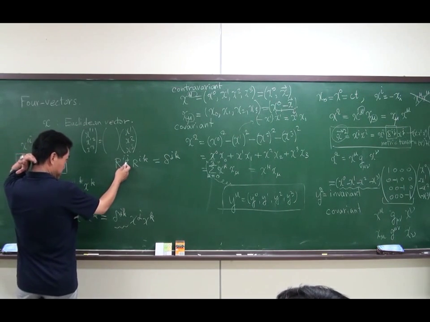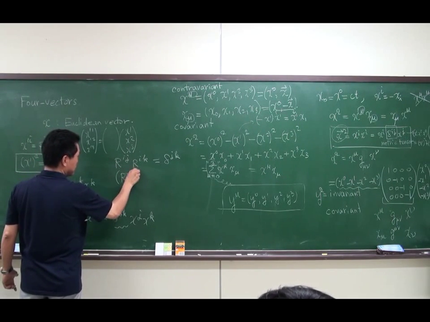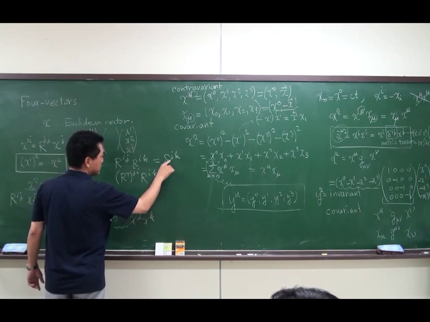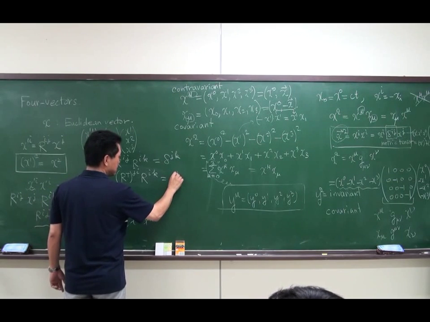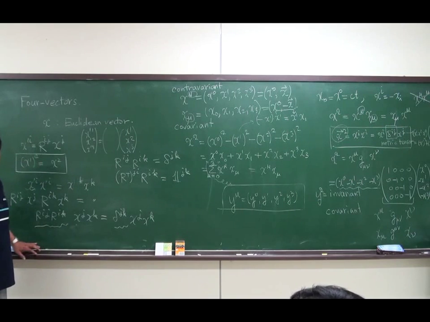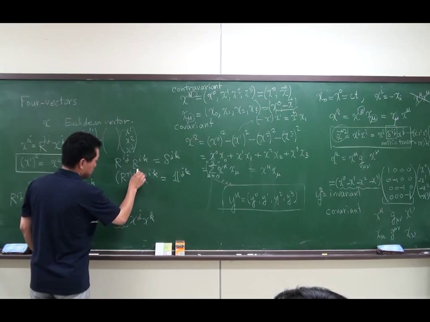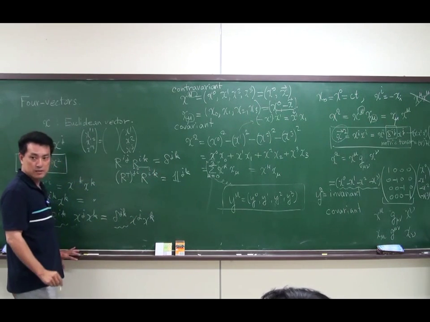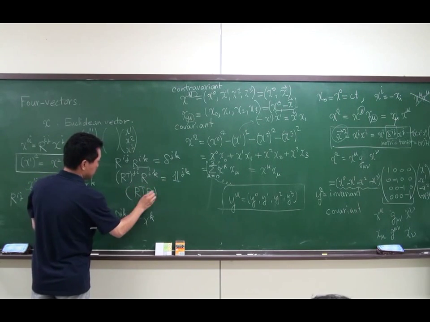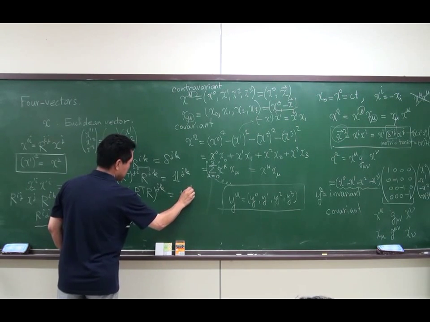Actually, this is R transpose_ji and R_ik equals delta_jk, the jk component of the identity matrix. If I combine this, because these two indices are connected, this is just a product of R transpose and R, jk equals identity jk.